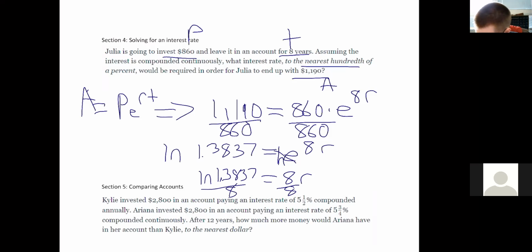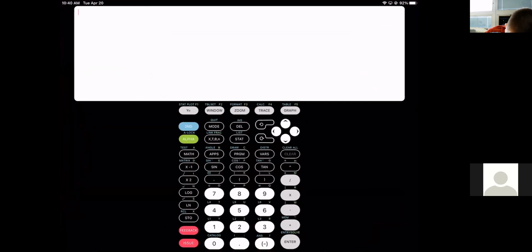Let me write this down. The natural log of 1.3837 divided by 8. When you type this in your calculator, be really careful. You're going to do the natural log of 1.3837. Make sure you close the parentheses, and then divide by 8. If you don't close that parentheses, you're going to get it wrong. And they said round to the nearest 100th. That's 2 decimal places, so that would just be 0.04.